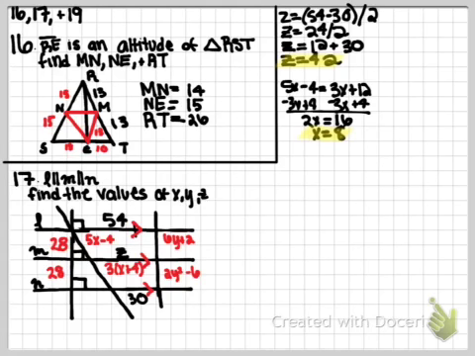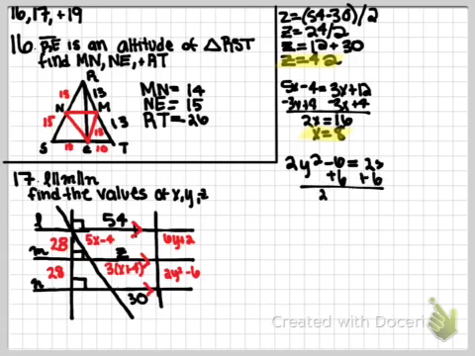Lastly we want to find the value of y. So we're going to have 2y squared minus 6 equals 28. So we're going to do plus 6.